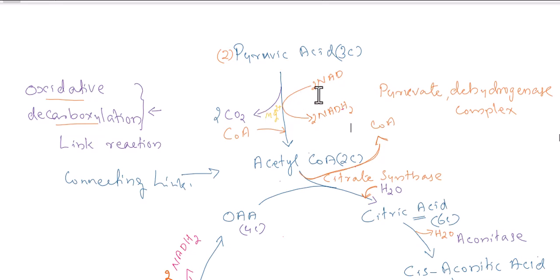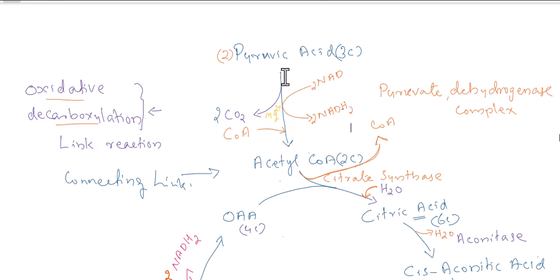Here one NADH2 molecule is also produced from one pyruvic acid. See here, the pyruvic acid undergoes decarboxylation, that means removal of carbon dioxide, and it also undergoes oxidation.